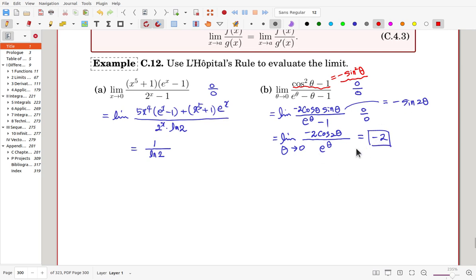And during the computation, if you can simplify, then you can do it using the trigonometric formulas. Okay, let's move on.